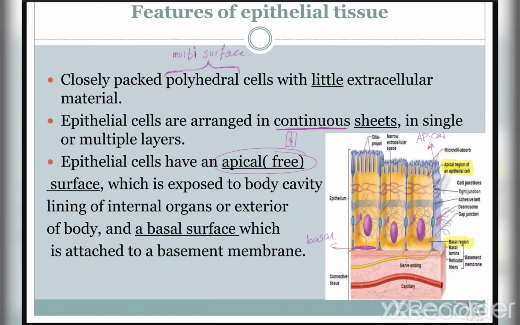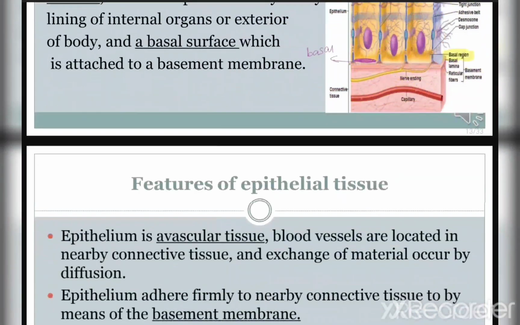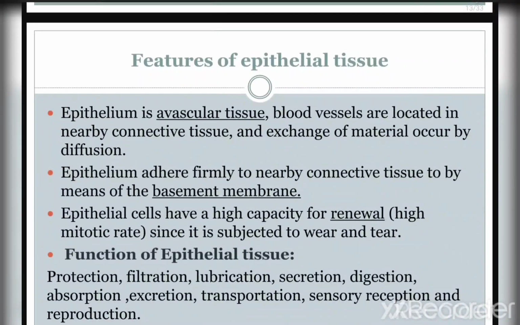Transporting material will move in the apical to basal or basal to apical direction. So this is cell polarity. Epithelium is avascular tissue.